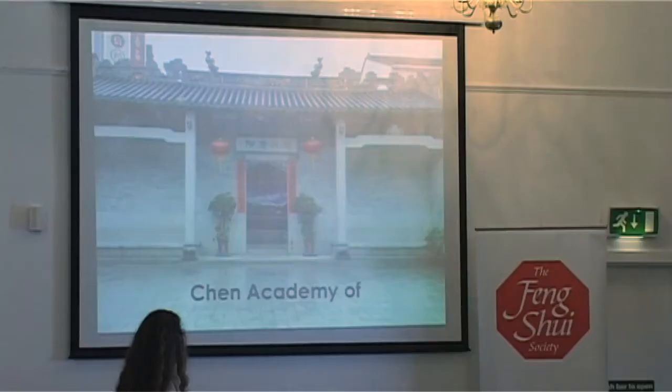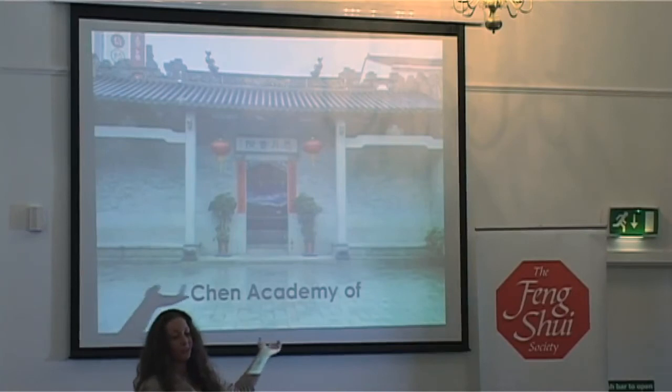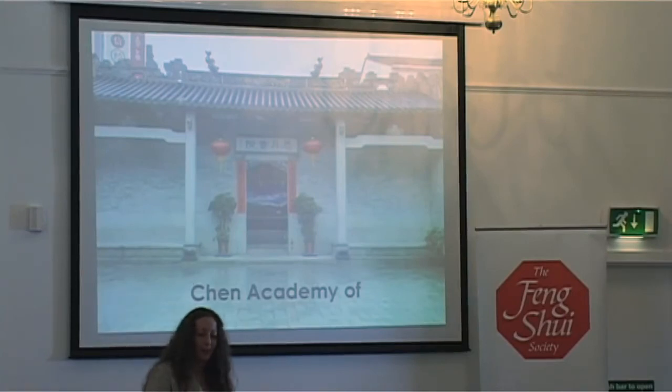So this is the Chen Academy of Classical Learning. Basically the Chen family wanted to really build a family altar, family room, family building, but they couldn't build it above a certain size.